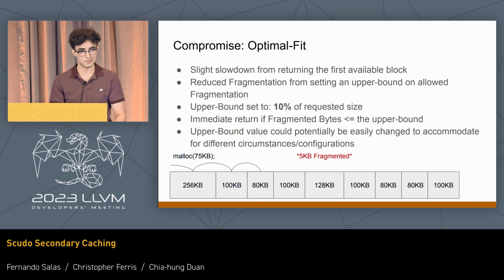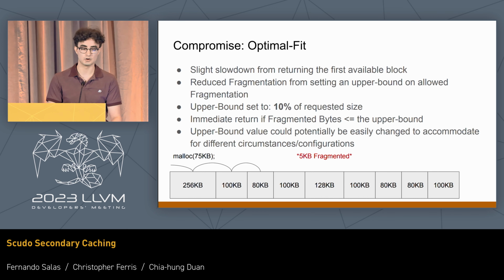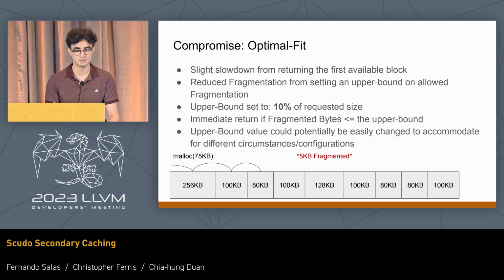So my compromise was an optimal fit. I did this by setting an upper bound limit to the amount of fragmentation we were allowing. It's all localized to one variable inside of Scudo where you can set that amount. I set 10% because that's what achieved the best results for me, where it was still fast, but it reduced fragmentation quite a bit.